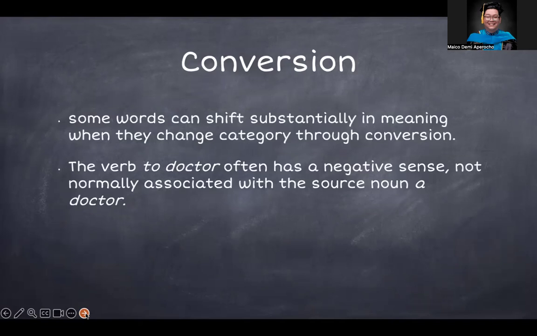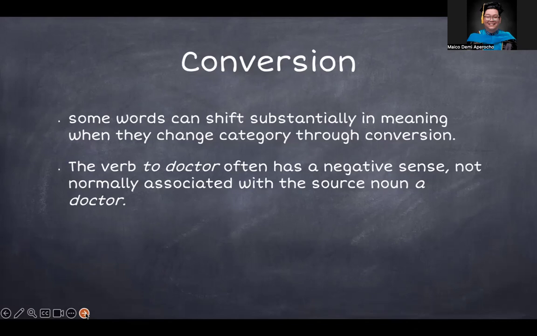So in the process of conversion, some words can also shift substantially in meaning when they change category through conversion. For example, the verb to doctor often has a negative sense, not normally associated with the source noun, a doctor. For example, if I say, I would like to doctor this document, it means to fake the document.